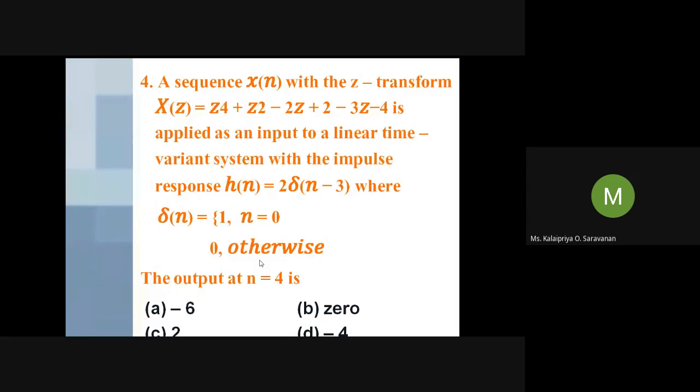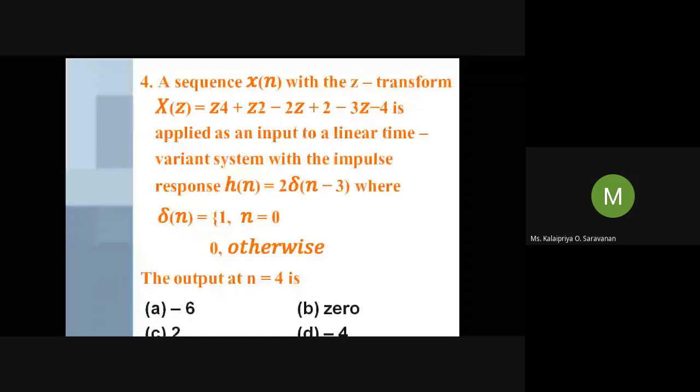What they are asking you to find is the output at n equal to 4. The options given are minus 6, 0, 2, and minus 4.